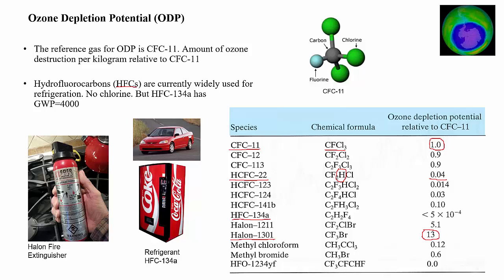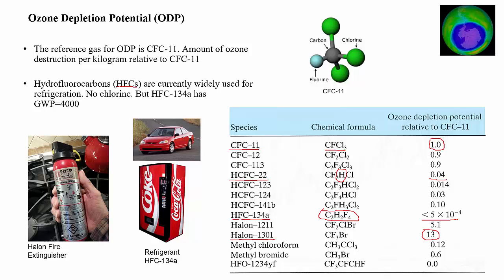My Honda Civic uses R134A for its air conditioner. These refrigerants are ozone friendly. They have no chlorine, as you can see in their chemical structure here. So they have an ozone depletion potential of essentially 0. I don't know why it's 5 times 10 to the minus 4. There must be some exotic reaction that goes on, but it's essentially 0.